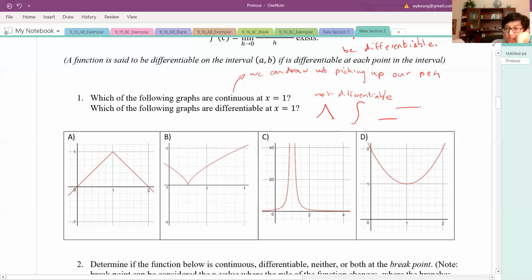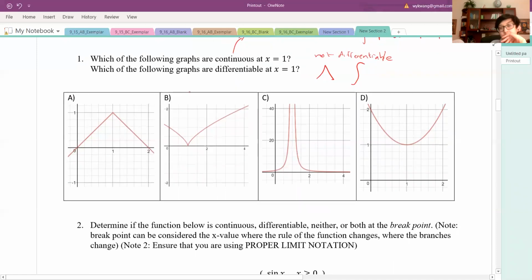I think it might be jumps, or a hole in the graph, but those are all not continuous. So if it's not continuous, it's automatically not differentiable. So also remember that. So you can look at these. Which of these have sharp corners? Which of these have vertical slopes or places where they're not continuous? Then it's not going to be differentiable.